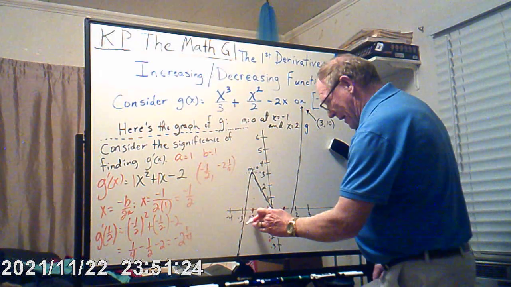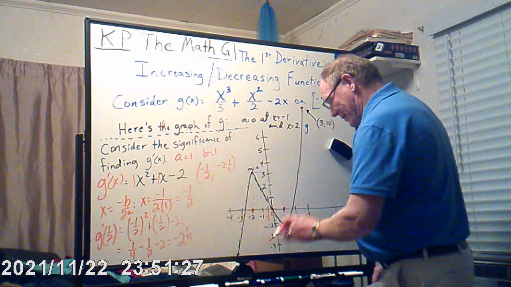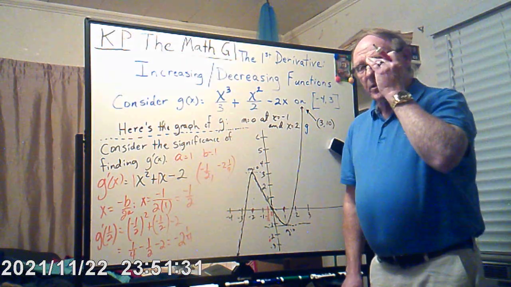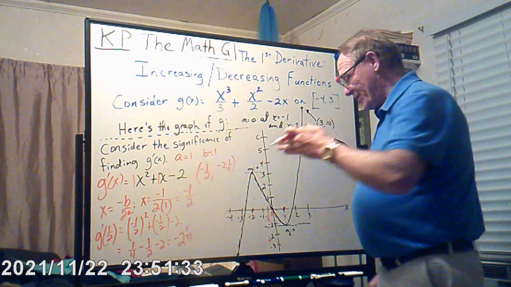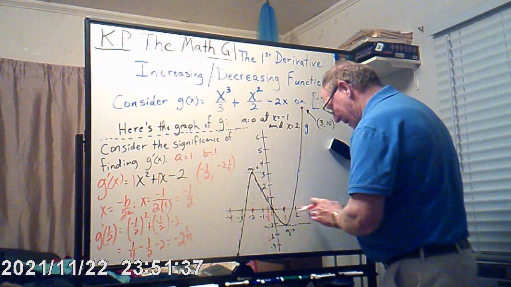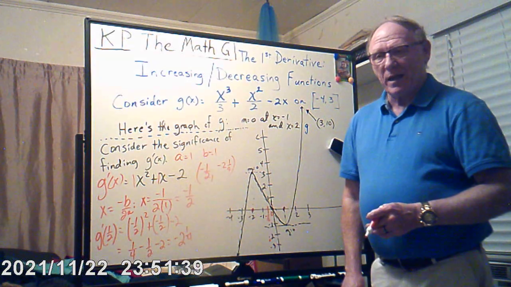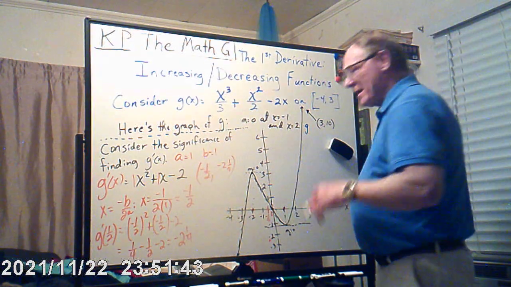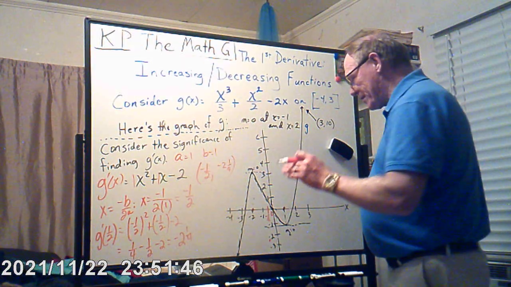Because this graph that we're about to draw is the graph of this right here, and when it crosses the x-axis, that simply means that at these 2 points, that's where the slope is equal to 0.